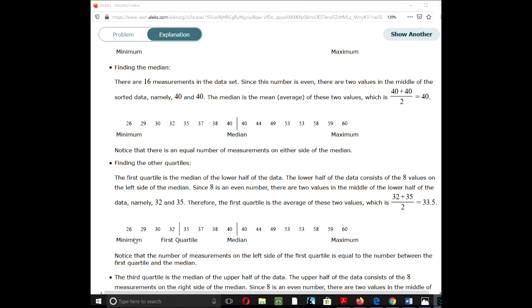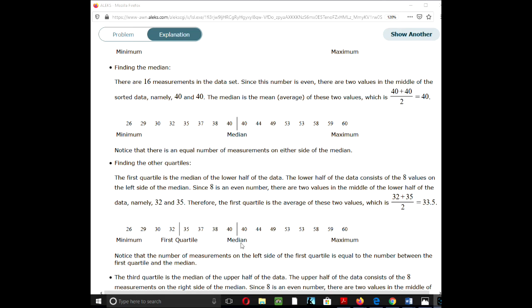We should have 8 numbers: 1, 2, 3, 4, 5, 6, 7, 8. Since we have an even number, the middle numbers would be 32 and 35, with 3 numbers on either side. We add those two numbers up and divide by 2, and that gives us 33.5.